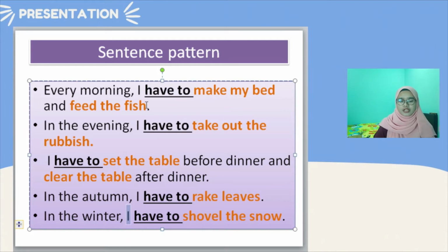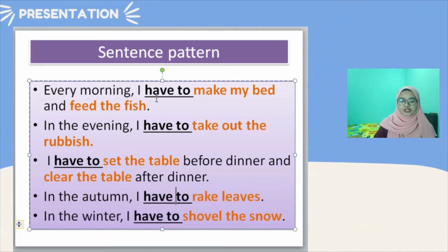Okay. After the word I here, we have a phrase. What is it? It is have to. We also have the phrase have to in the second sentence. In the third sentence, we can also see the phrase have to. In the fourth and the fifth sentence, we can also see have to phrases here, right?